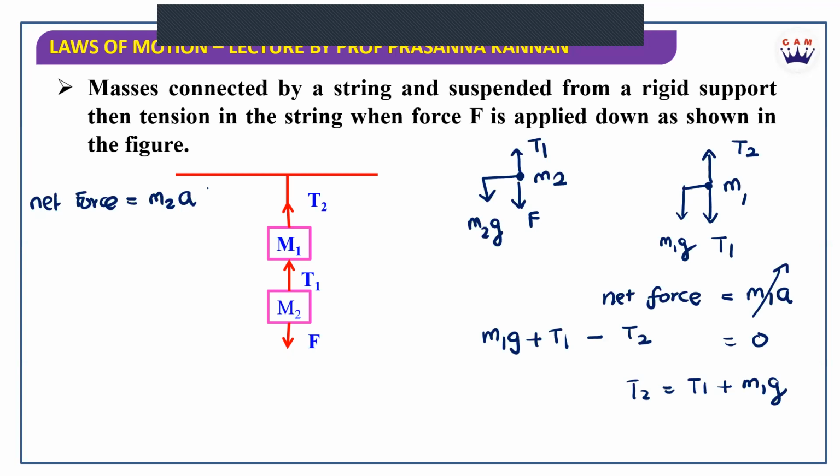It is at equilibrium. So what is acceleration? Zero. So A is zero. And what is the net force? Downward force minus upward force you can do, or upward force minus downward force. What is the downward force? M2G plus F. And what is upward force? T1.